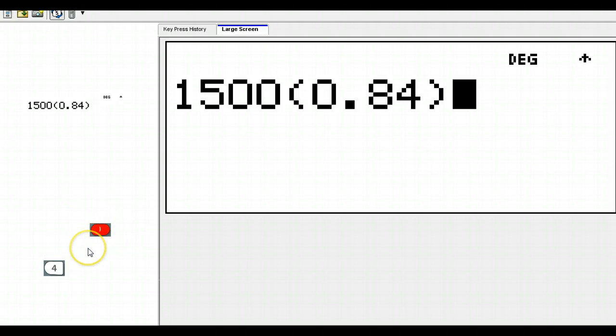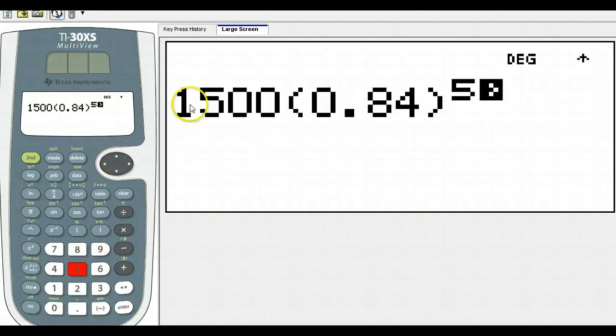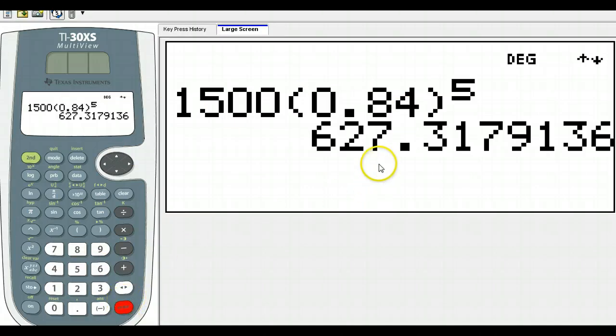So this should tell us the value after 5 years. And it's down to about $627.32.